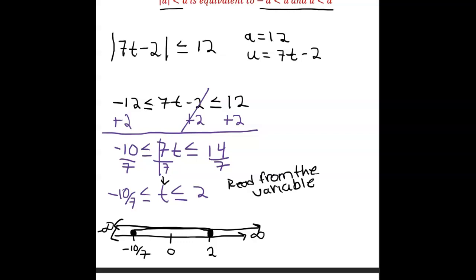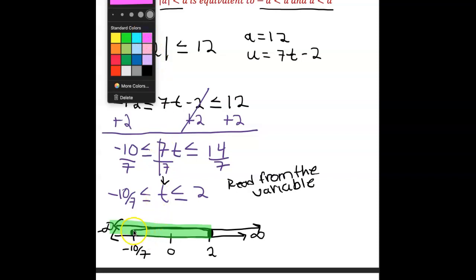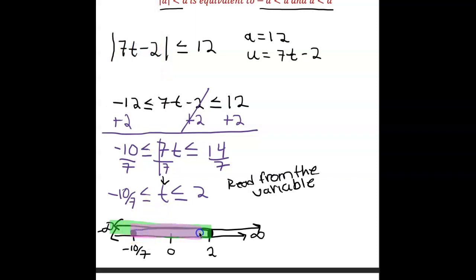So from where to where do the two lines overlap? I like to use my shading like this: one line goes this way, and the other line goes this way. The question is, from where to where do the green and pink overlap? They overlap from negative 10 sevenths to 2.